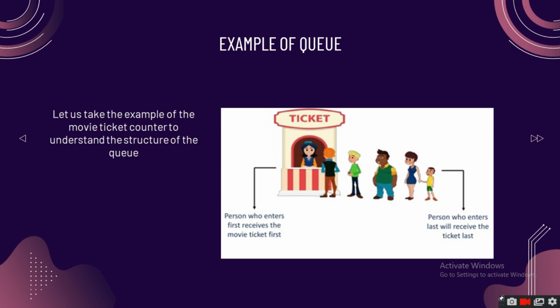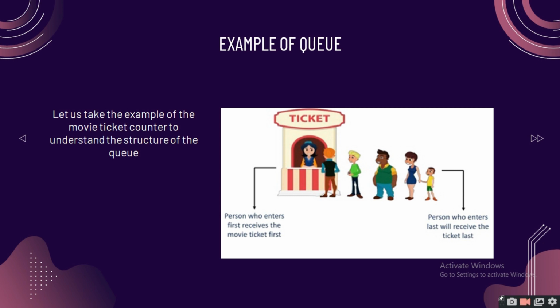So entry happens only at the end. Likewise, the exit happens only at the front. The person who enters the queue first will receive the ticket first and will leave the queue first. Likewise, the person who enters last will receive the ticket last and will leave the queue after he receives the ticket.